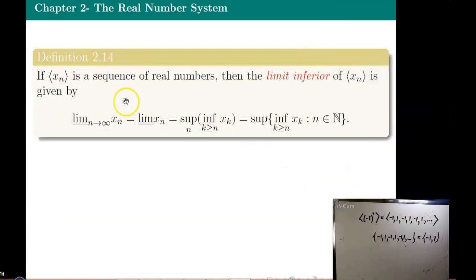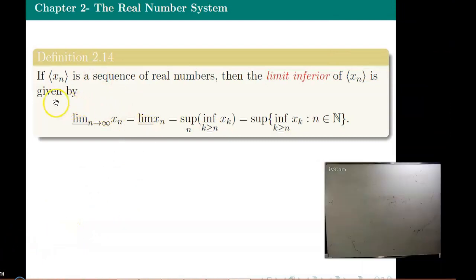So let's have another definition, for the limit inferior. If x sub n is a sequence of real numbers, then the limit inferior of the sequence is given by this one, with the symbol having a bar below the lim symbol.